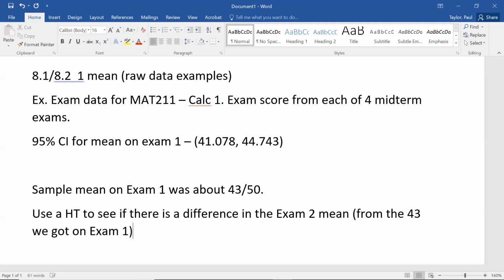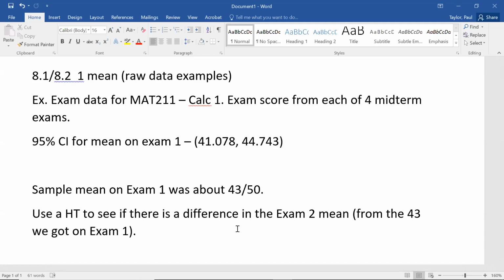Now again, technically what we should be doing is some sort of compare-the-two-means hypothesis test that accounts for the fact that this 43 is itself a guess. And we're going to do that in the next section. But I wanted to have an example where I could do a hypothesis test with one proportion. So we're just going to use this 43 as an excuse to have an example for a hypothesis test.